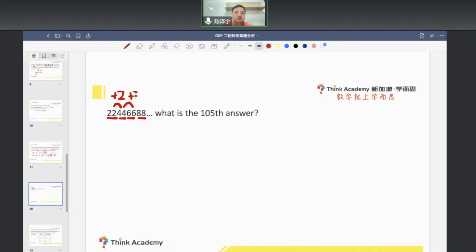Next group plus 2, next group plus 2. However, after this, we have 2-digit numbers: 10, 10, 12, 12, 14, 14. So to find the 105th answer, I cannot just take that there are a total of 105 digits.